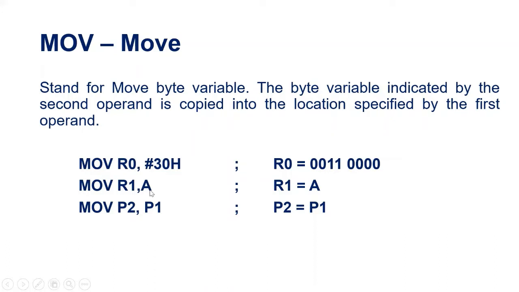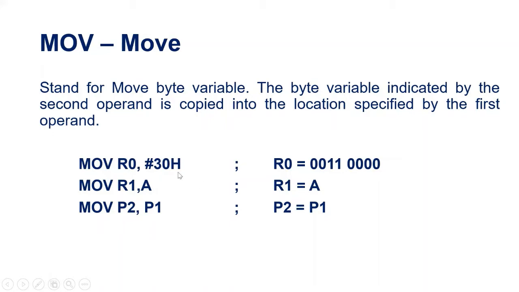Pareho silang data handler, which is register 1, and then A, which is known as the accumulator, also an 8-bit register, na kung saan yung laman ng A, which is magsiserve siya as source, ay ikakopy doon sa R1, na ang R1 natin ay magsiserve as the destination. So in short, yung laman ng A will be copied doon sa R1. Okay, so after the execution of move R1, A, R1 will be equivalent to A.